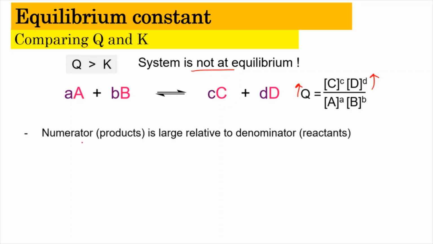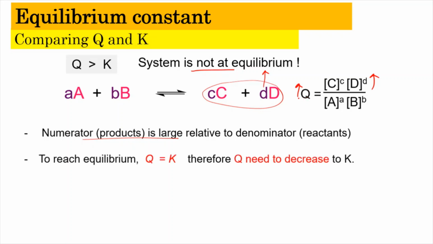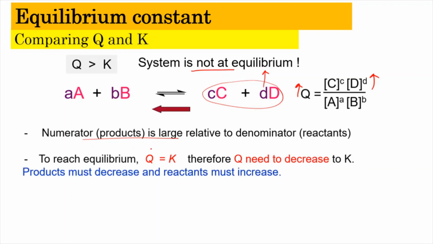So we need to reduce the product so that our Q can be reduced. In order to reach equilibrium, we need to ensure that Q is equal to K, therefore Q needs to decrease. So the product must be decreased and the reactant must be increased, and the direction of equilibrium will shift to the left.